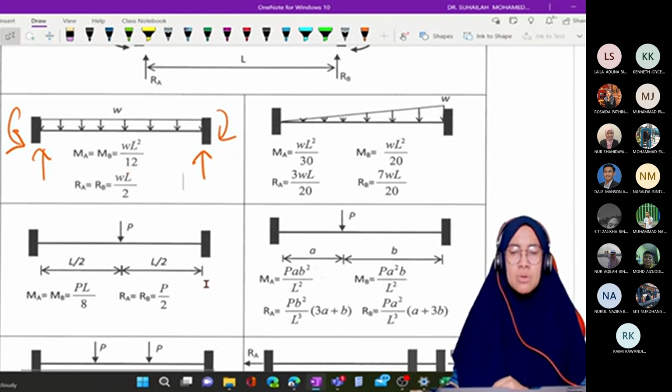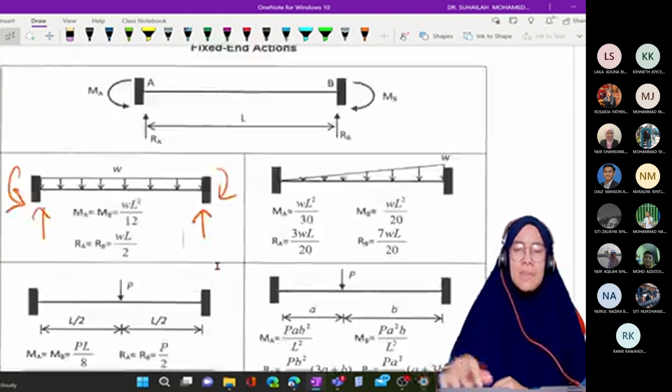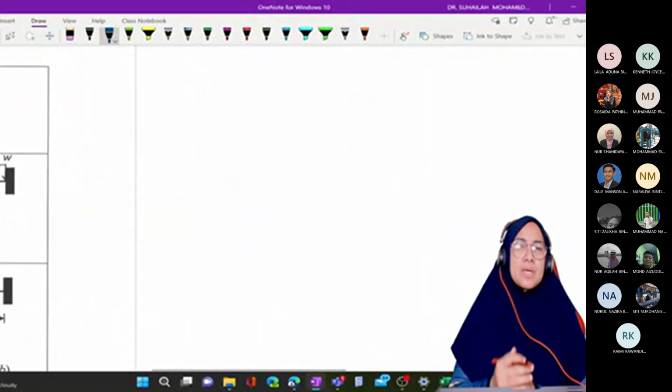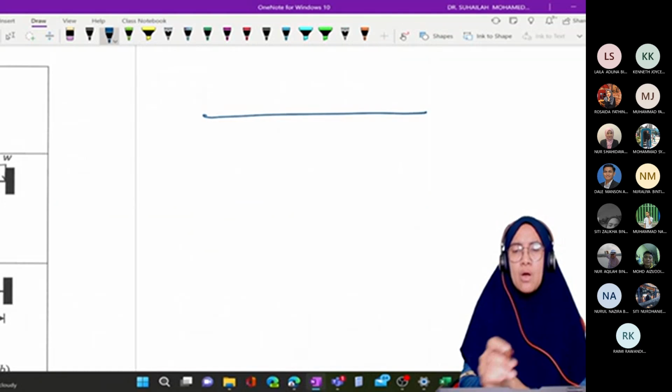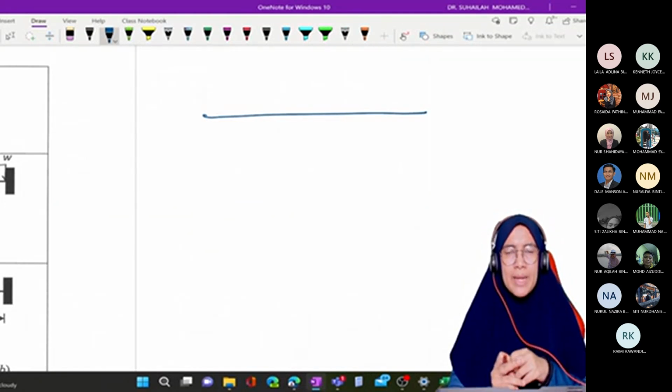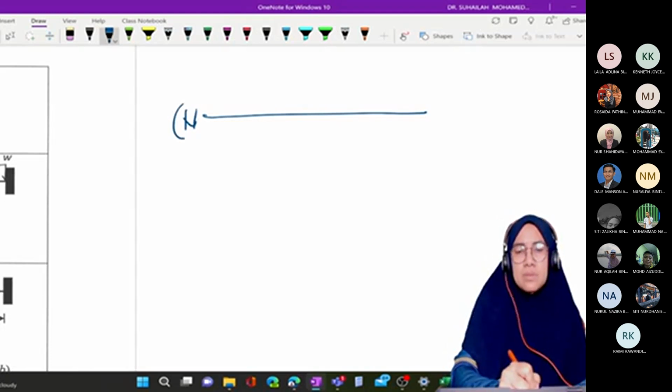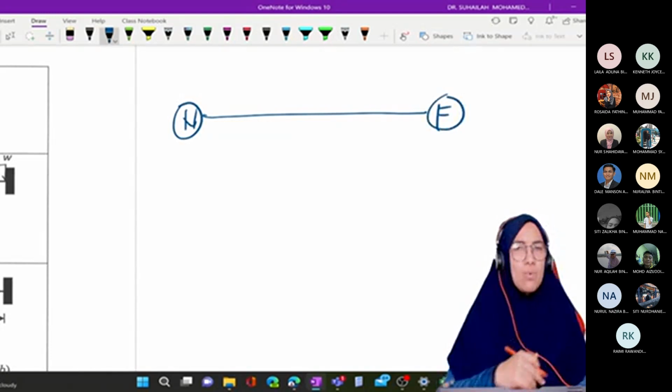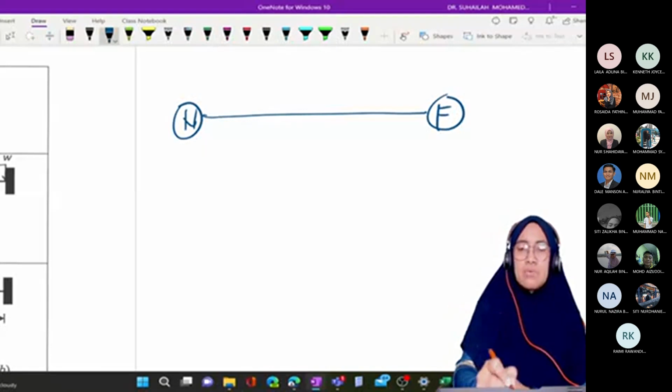Okay, over 12. So normally what I can suggest is, we have to draw the free body diagram of element number 1. This is element number 1, near to far.